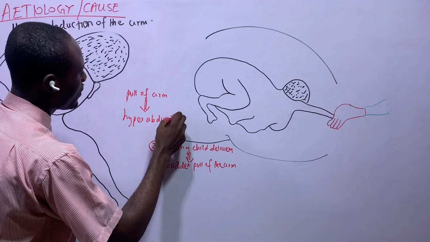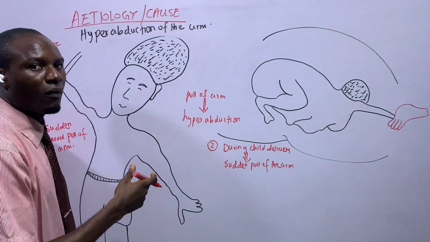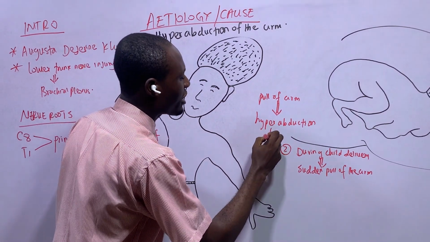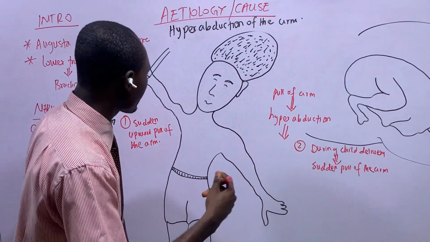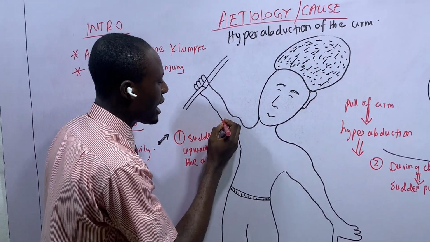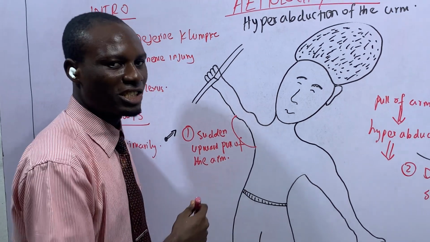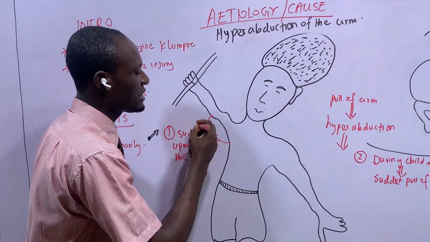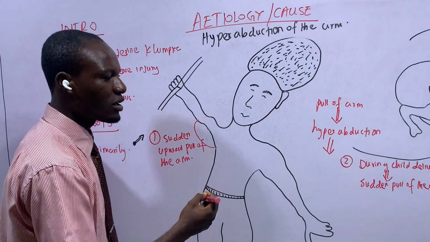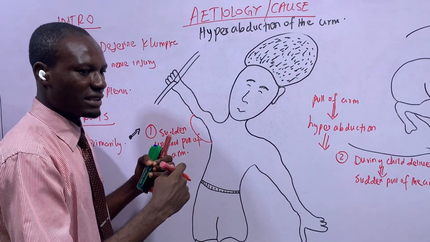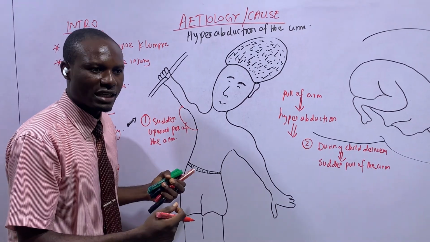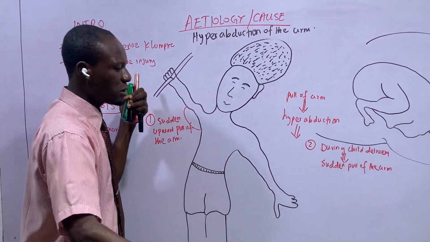So when there's a pull of the arm, there's hyperabduction of the arm, there's an increase in the angle between the arm and the lateral aspect of the chest wall. So this increase in angle shows that there's every possibility for the lower trunk to be affected, since the lower trunk is going to be stretched.